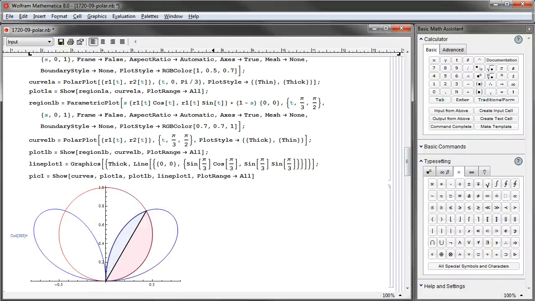We have a crossing point, and then we can draw a line segment from the origin to the crossing point. When the angle is less than that crossing angle, given as this black line segment, then we have to select a region inside the red curve.